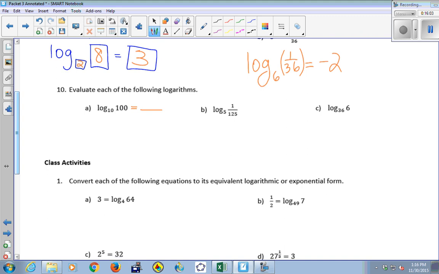So 10 is my base. I don't know the exponent, equals 100. So what exponent do I put on 10 to make 100? 2. So that is the answer. Log base 10 of 100 is 2.